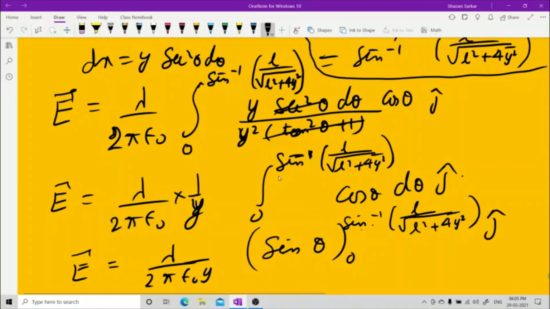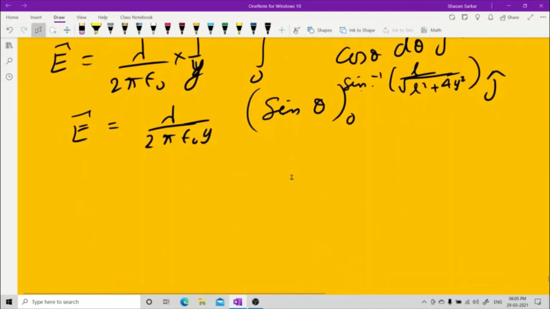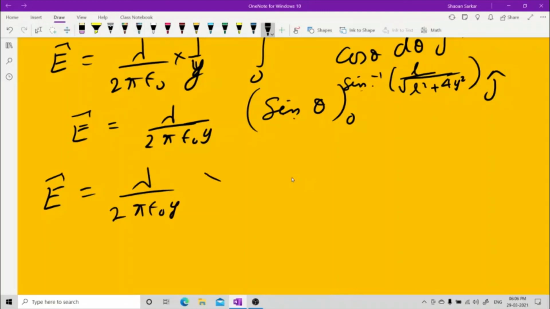So the electric field is lambda upon 2 pi epsilon naught y. Sine and sine inverse will cancel. You have into L upon under root L square plus 4y square, j cap. Now lambda is what? Charge per unit length.